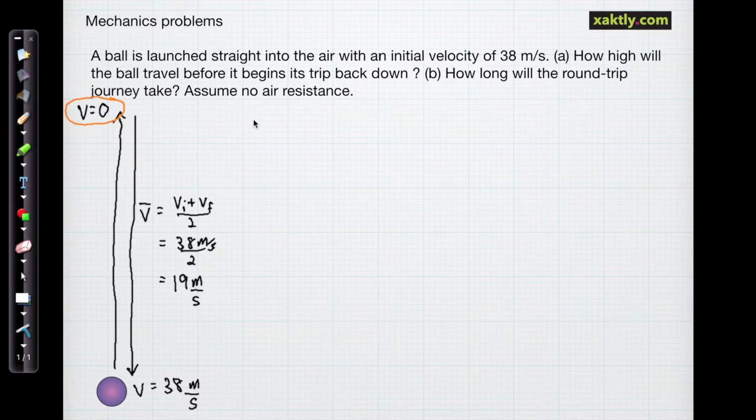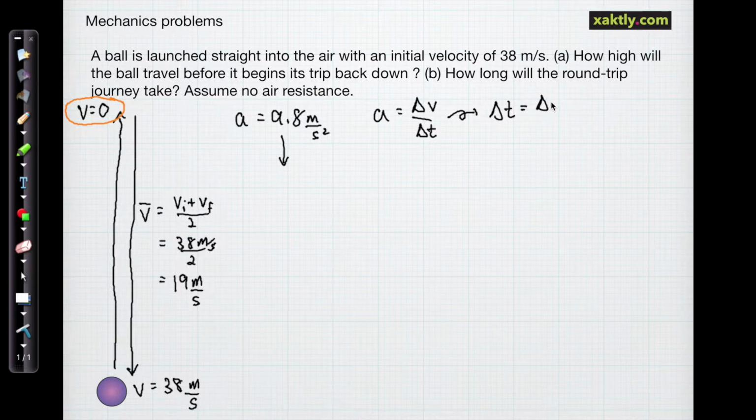Now the acceleration in a problem like this: the ball actually is accelerating. It's just accelerating downwards. The acceleration is 9.8 meters per second squared in the downward direction. Now we can use that acceleration to find the time in the air. Acceleration is delta v over delta t, and so delta t is delta v over the acceleration.